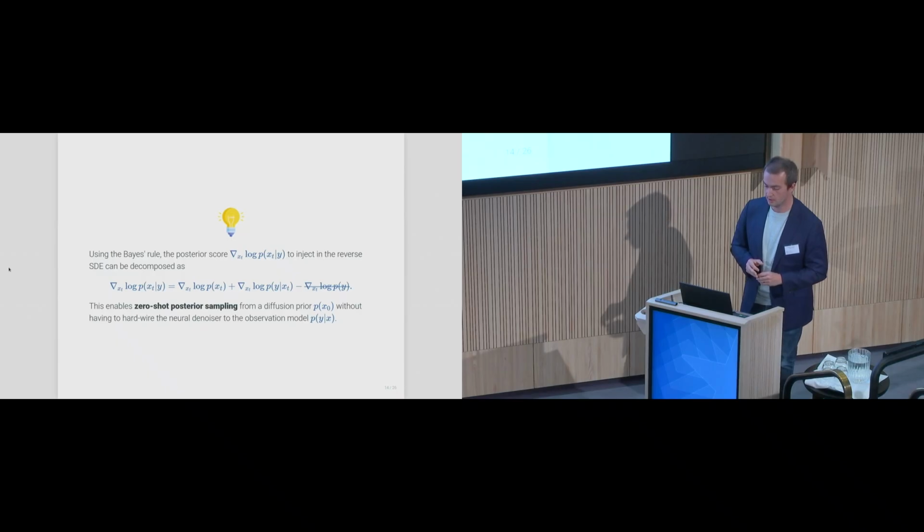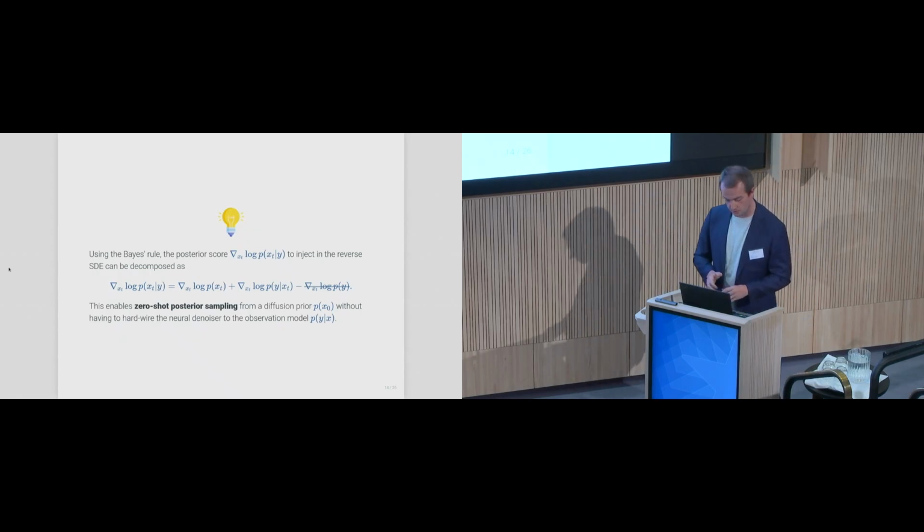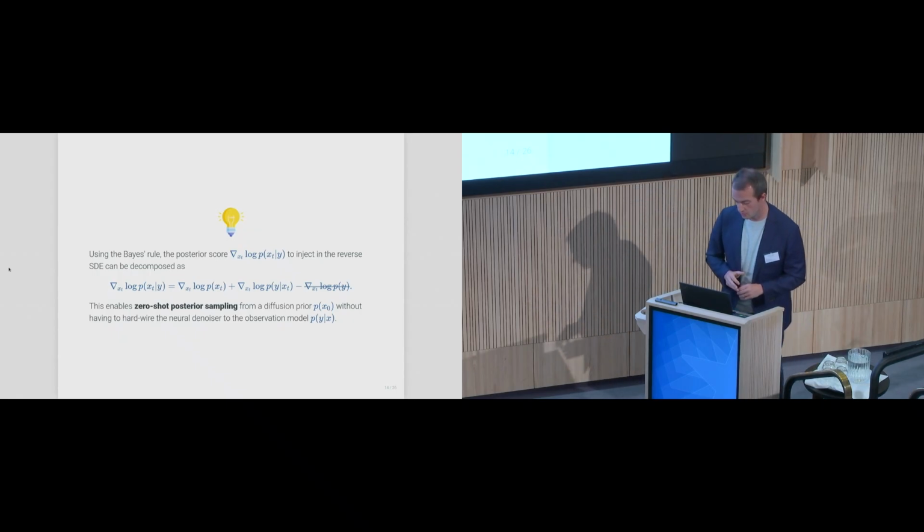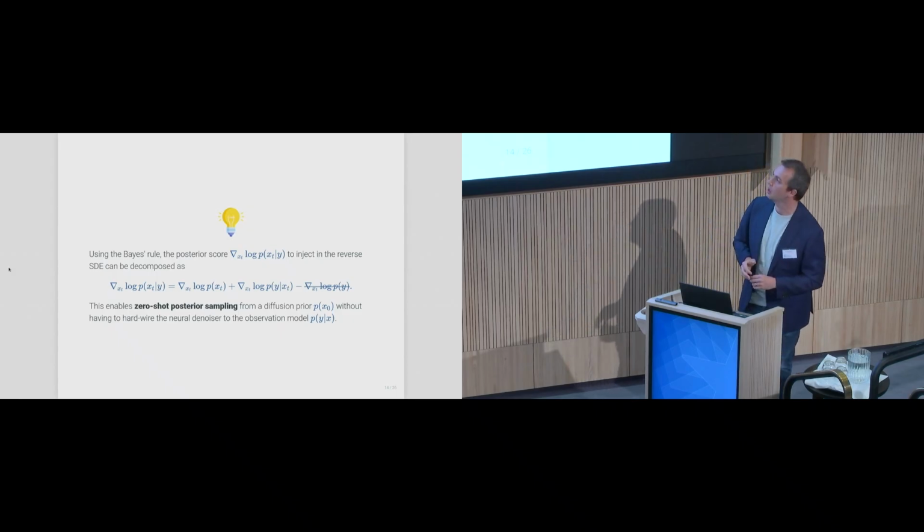to estimate. There are various algorithms that have been proposed to approximate this term. Laurence talked about that yesterday, so I will not go into the details. You can just assume that we can approximate it more or less well. Once you have a good approximation, you plug these two scores together and replace the score in the reverse SDE with this composition, and then you would be sampling effectively from the posterior distribution.